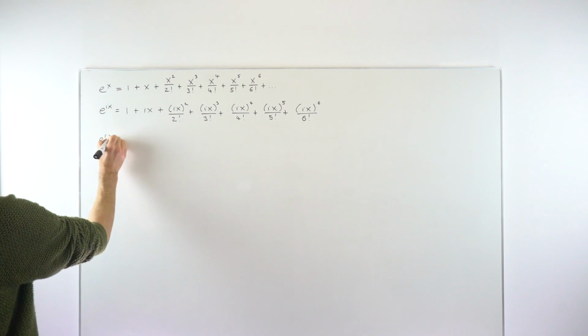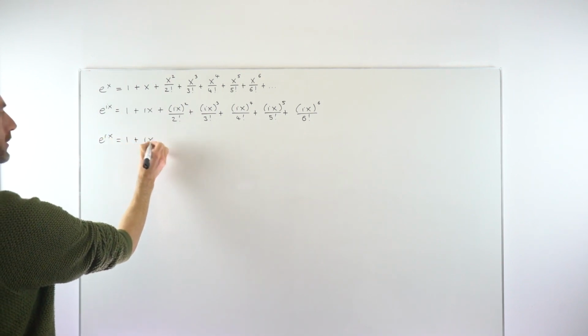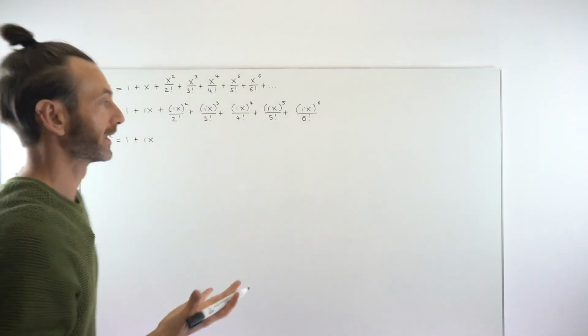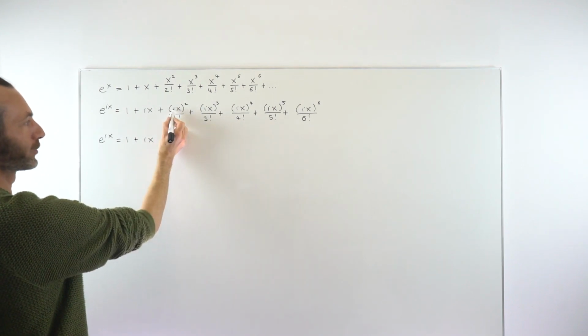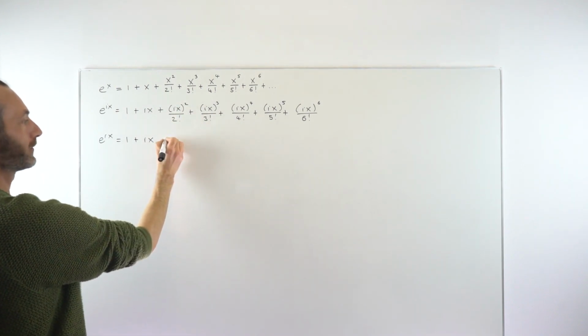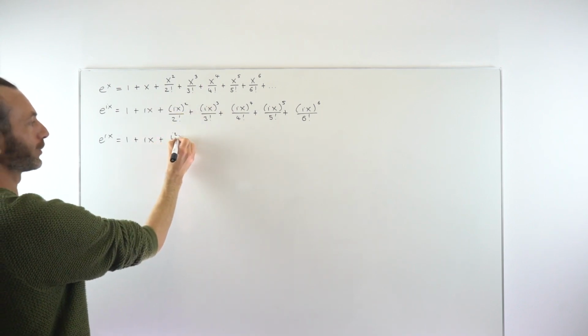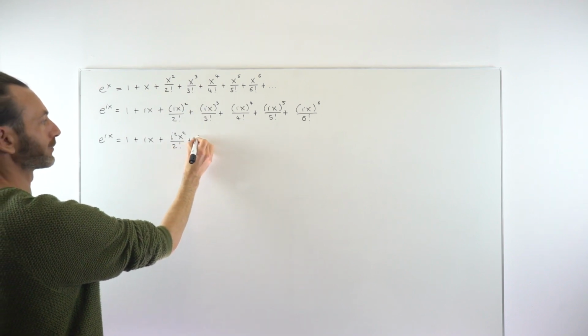So we're going to make this e to the ix equal to 1 plus ix. Remember, when you're applying the power to a bracket that's got multiple terms, you're applying it to each term. So this will become i squared x squared. So that first term with the bracket becomes i squared x squared over 2 factorial. And we're just going to have to do this for all the terms.